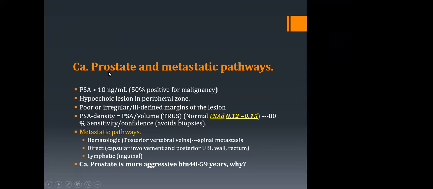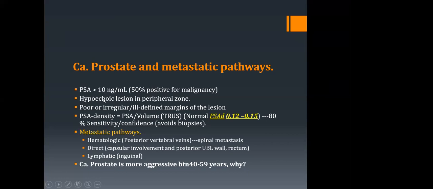Now, what are we looking for in the CA prostate? Usually in CA prostate, the PSA is greater than 10 nanograms per milliliter. And as per research, 50% of these cases with PSA greater than 10 are positive for malignancy.